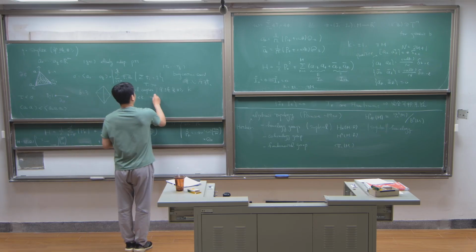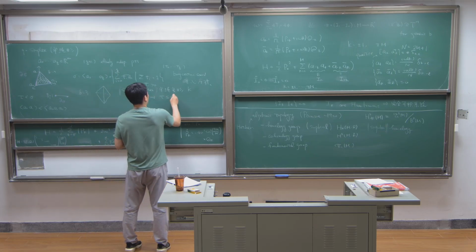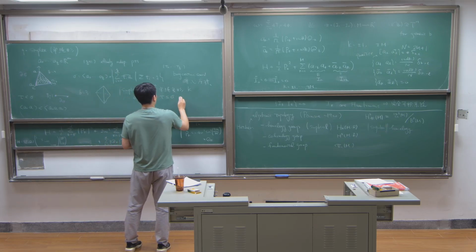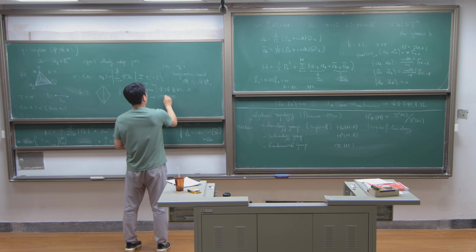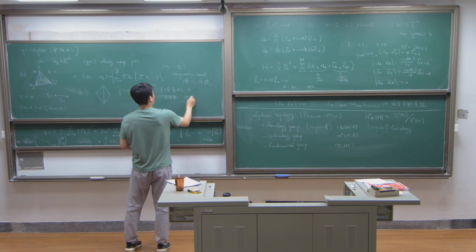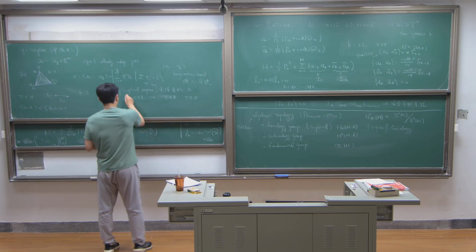If this is the case, tau is inside K. Number one.